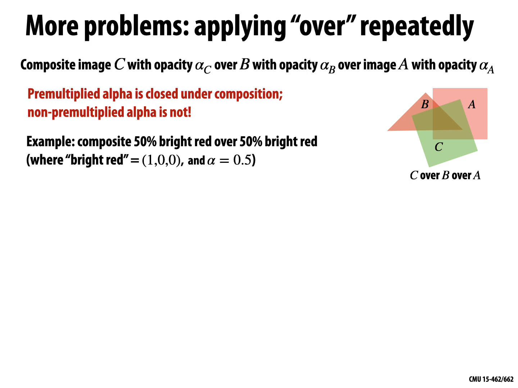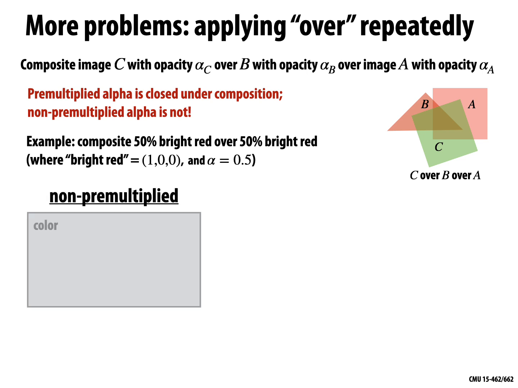Let's say I want to compose a 50% bright red primitive over a 50% bright red primitive, where bright red is just 1, 0, 0, all red, no green, no blue, and alpha in this case is going to be 0.5. So if we do this with a non-premultiplied alpha, how does this go? Well, we start out with our color blending.